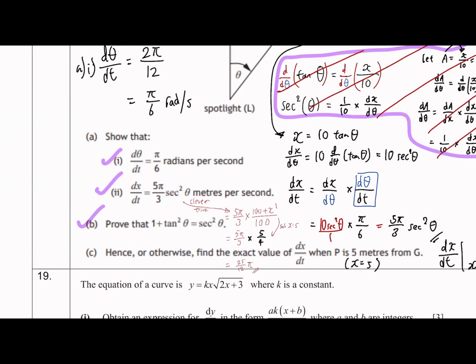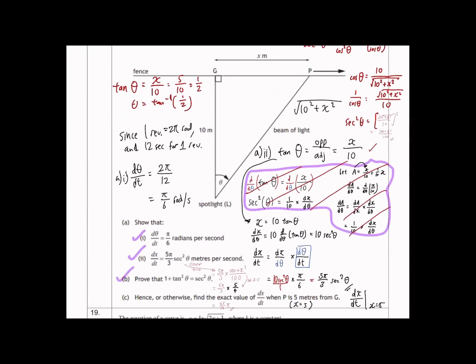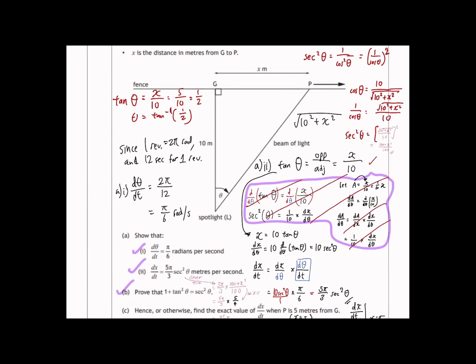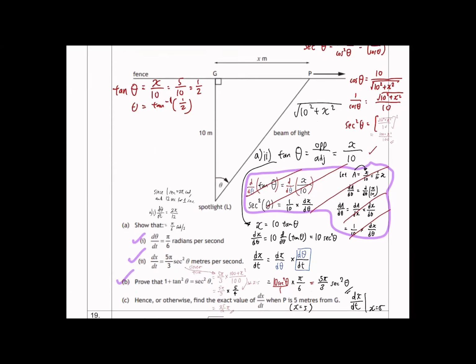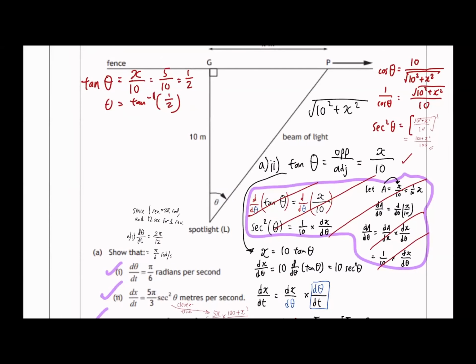Okay, let's work it out using your method. Wow, not enough space. I'm gonna shrink it down. If we worked it out using tangent inverse of half, then dx by dt would be 5 pi over 3 times secant square, which is 1 over cosine square of theta, which is 5 pi over 3 times 1 over cosine square of tangent inverse of 1/2.